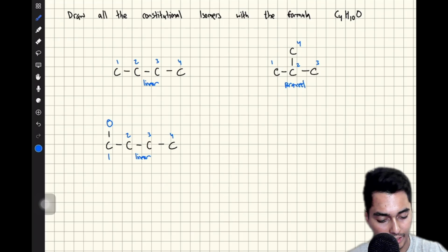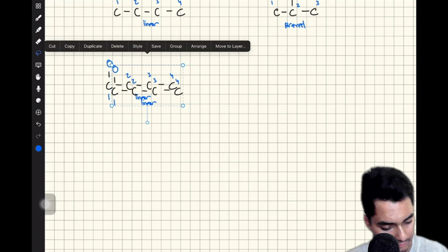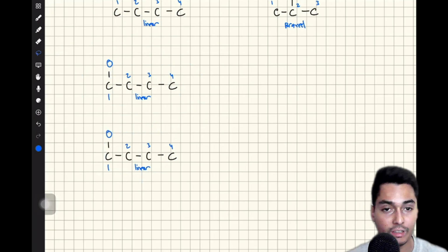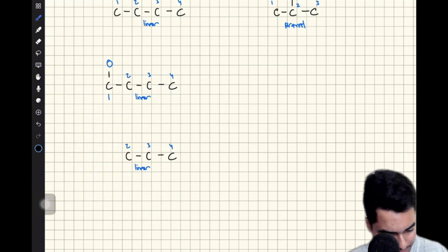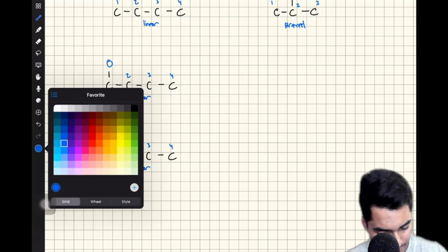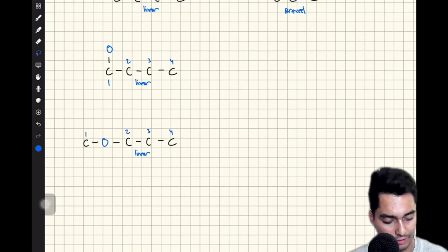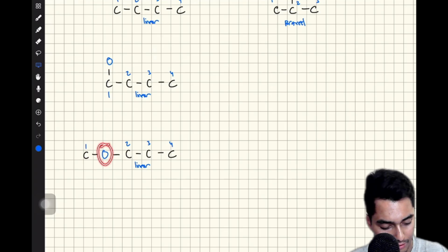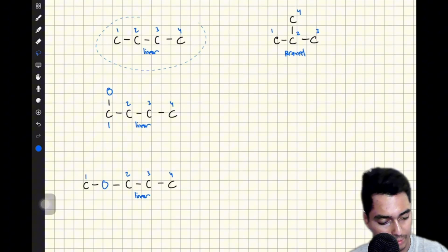And then suppose I have another copy and then put the oxygen in between the first and the second carbon. Right, because that's definitely possible. Okay. What other variations of this can we have? Suppose I put the oxygen in between the second and third carbon like so. So I'm going to make another copy.